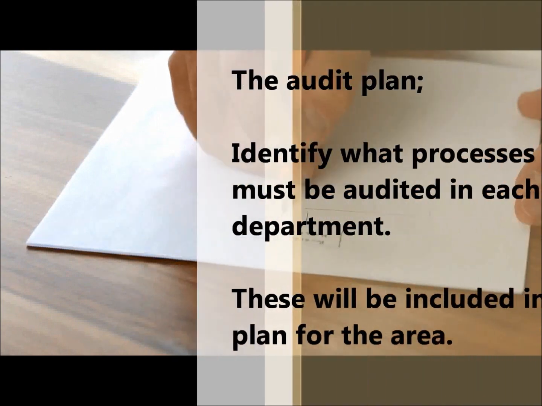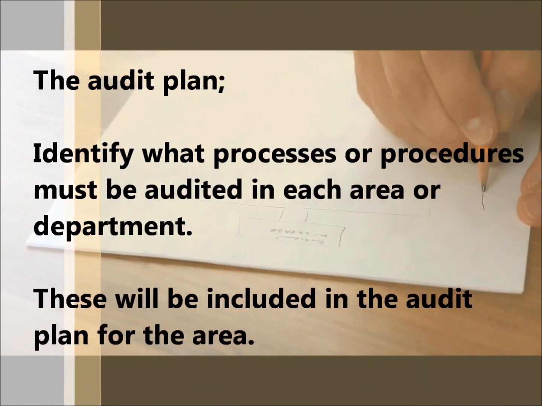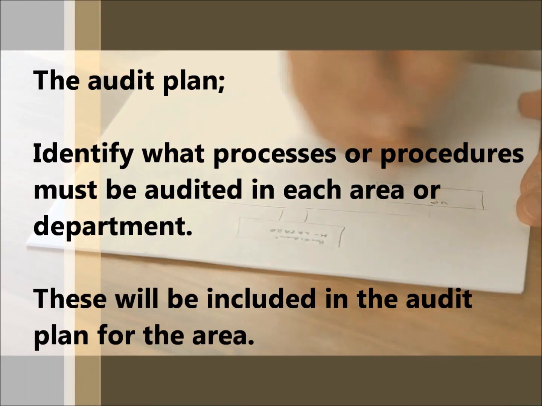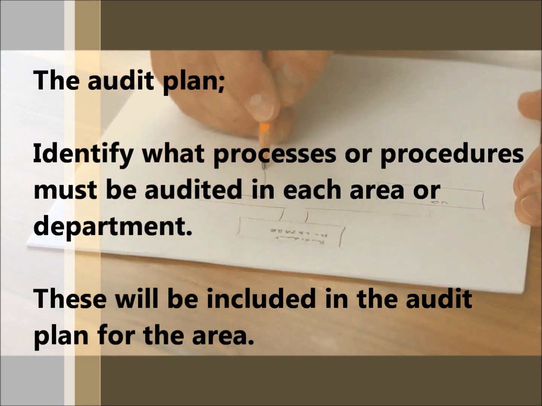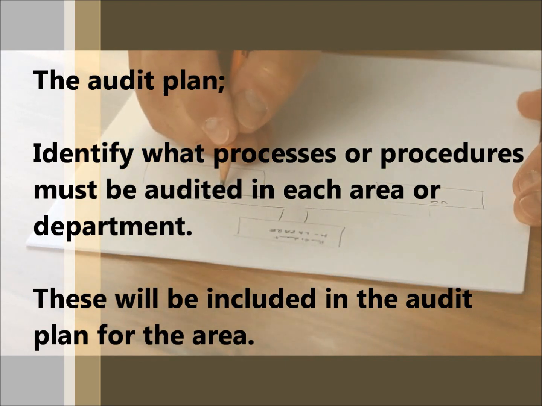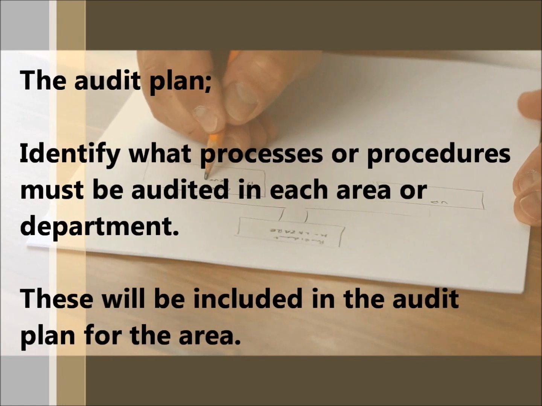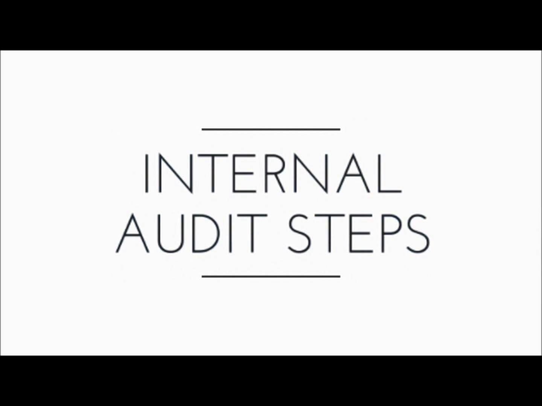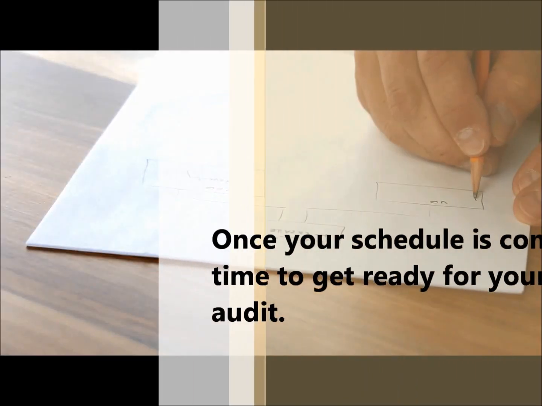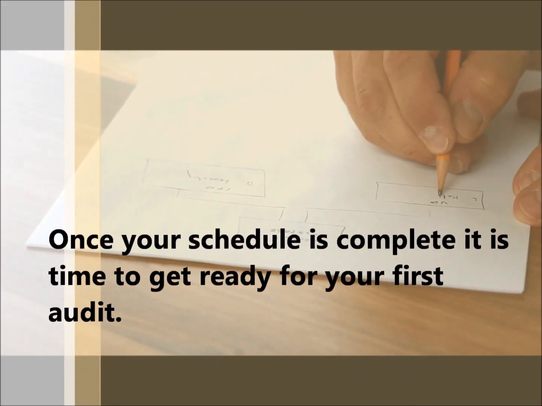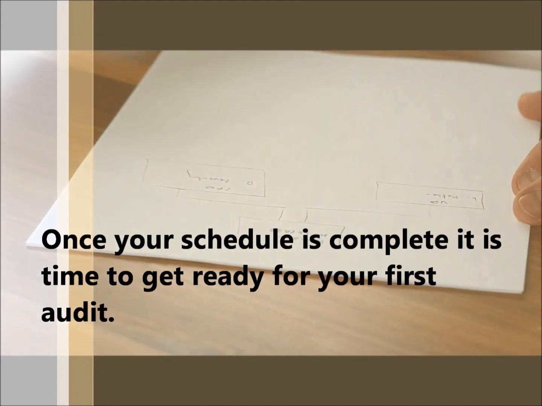The audit plan: identify what processes or procedures must be audited in each area or department. These will be included in the audit plan for the area. Internal audit steps. Once your schedule is completed, it's time to get ready for your first audit.